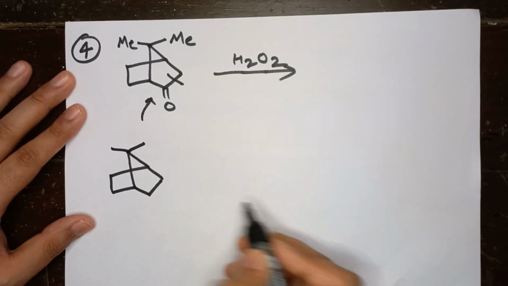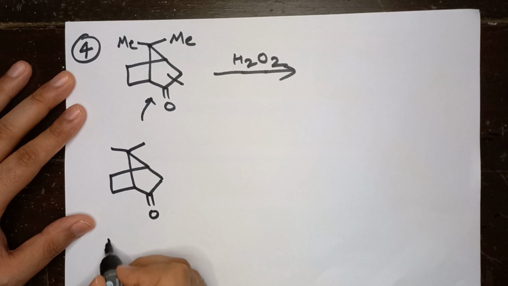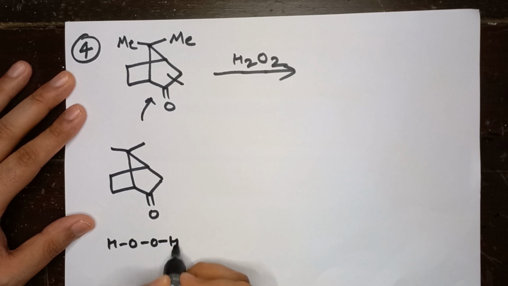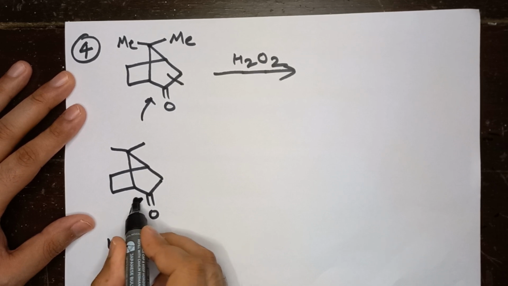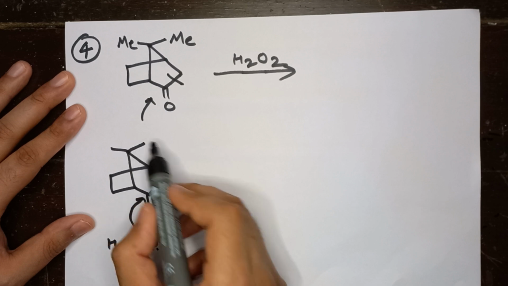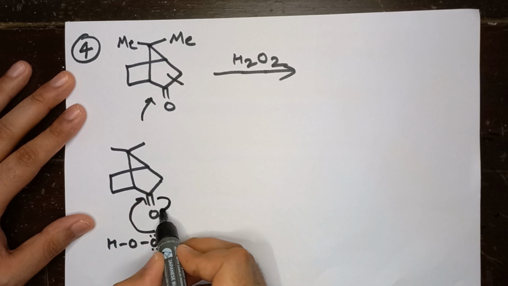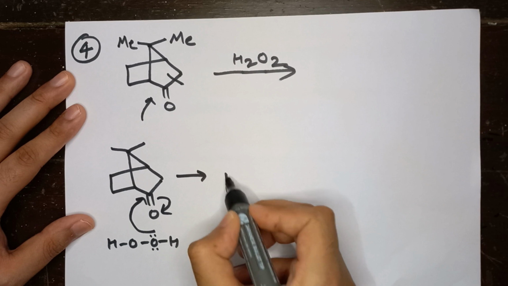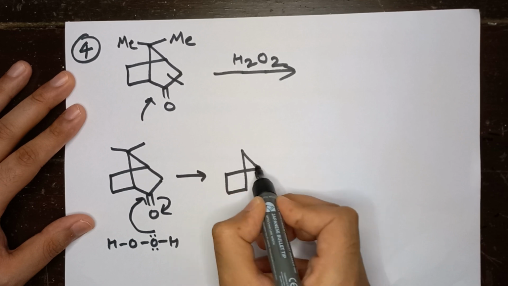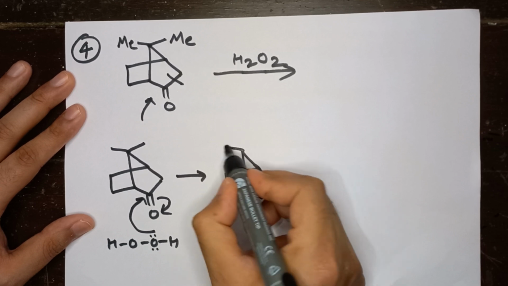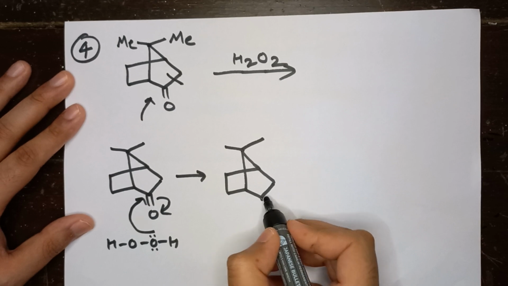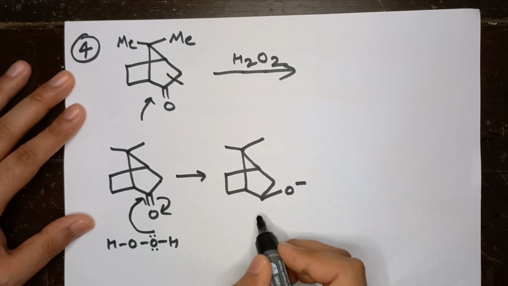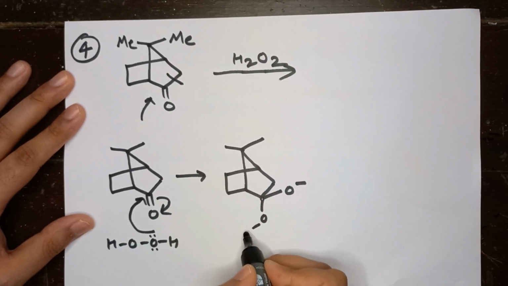two methyl groups, a carbonyl. Attack will happen from below the plane because methyl will not allow it to come from above the plane. And this is giving me, so O minus will be up because attack has happened from below the plane.